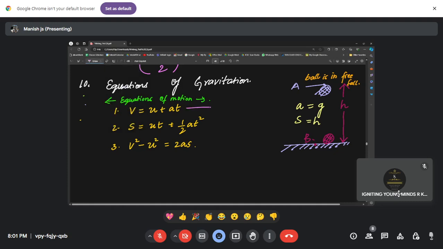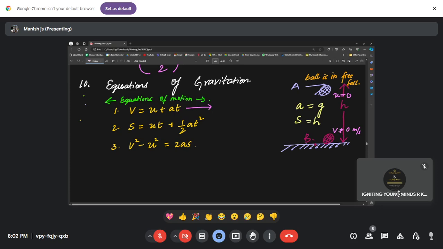So the first transformation will look like this. When I say v, once the ball falls, you know that it is going to be released. So initial velocity is going to be 0. So I will take u as 0, but v is not equal to 0. Why? Because the object is going to strike the ground. It's going to impact the ground with a certain velocity. So final velocity is not 0, but initial is definitely 0.